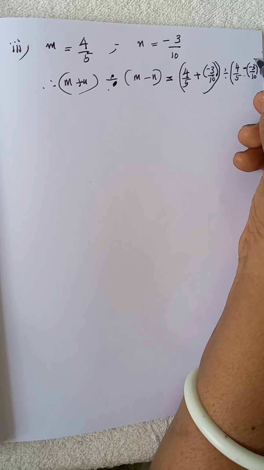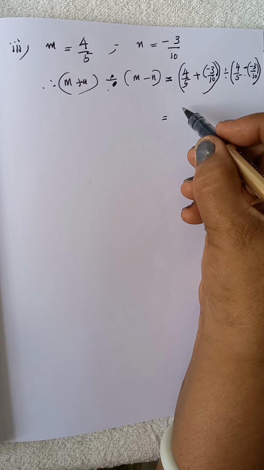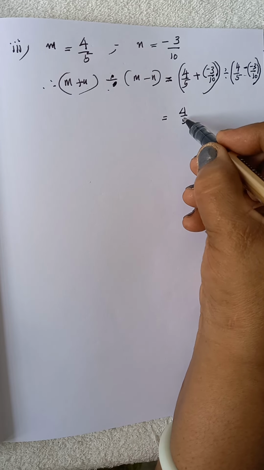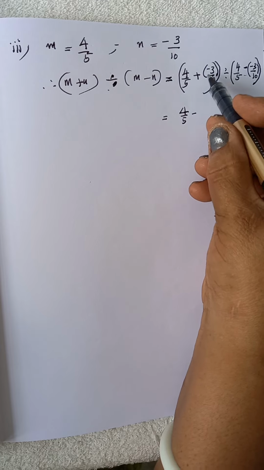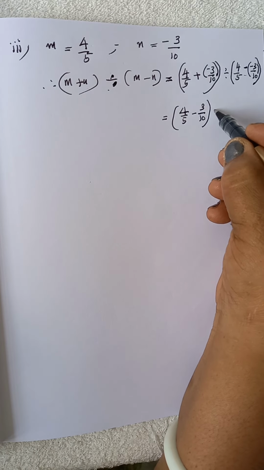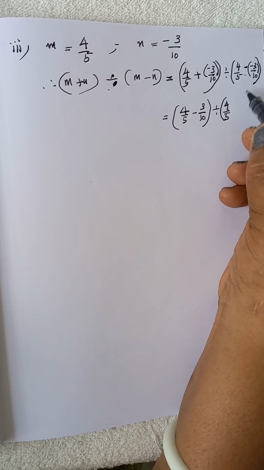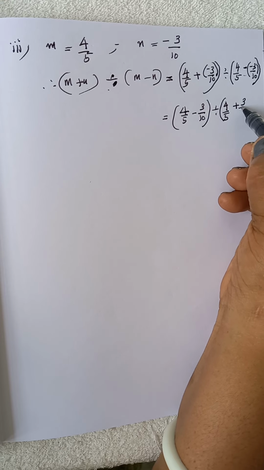Don't forget to put these brackets, otherwise you will get confused. So 4 by 5 minus into plus is minus 3 by 10 divided by 4 by 5 minus into minus is plus 3 by 10.